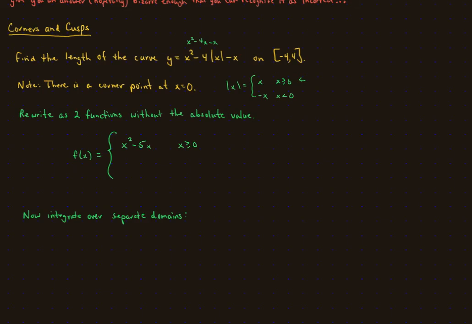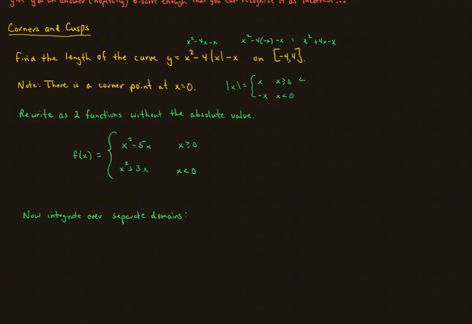When x is less than 0, then that absolute value of x is going to be negative x, and so this will look like x squared minus 4 times negative x minus x, and that'll be x squared plus 4x minus x, which is going to be then x squared plus 3x, and that's for x less than 0.